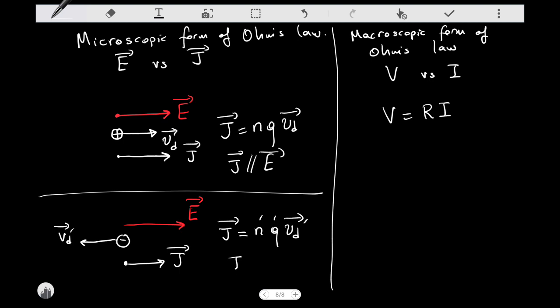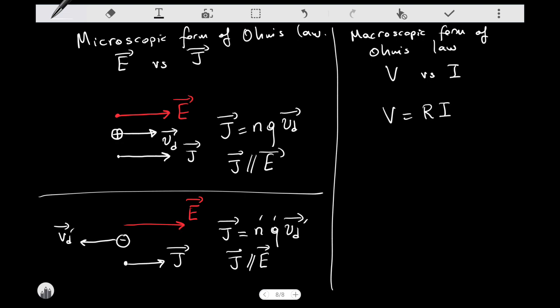Therefore, it doesn't matter what the sign of the charge carriers is. If there is an electric field in a direction, then the current density would also be in the same direction as the electric field. Okay, so this establishes the relationship between the current density and the electric field. I said that they have to be parallel to the macroscopic form of Ohm's law.